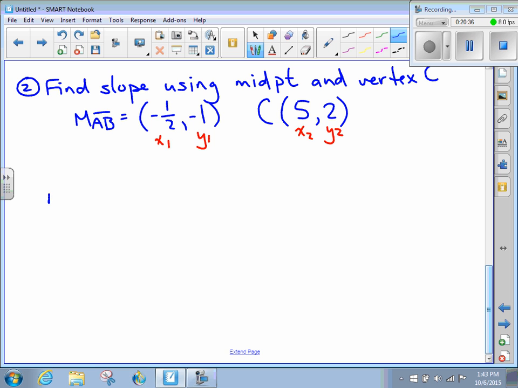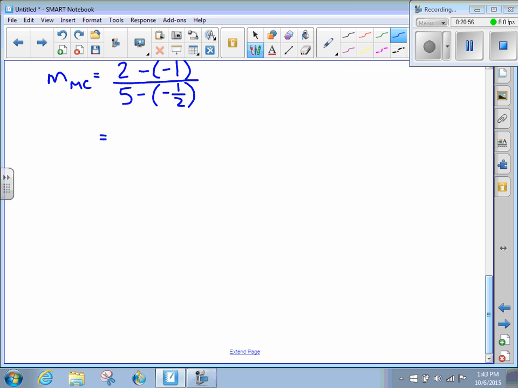Slope of midpoint to C: y2 minus y1 divided by x2 minus x1. Okay, so 2 minus a negative 1 is actually positive 3.